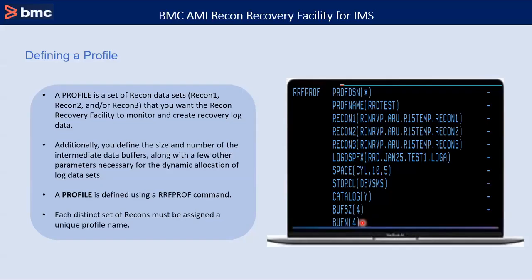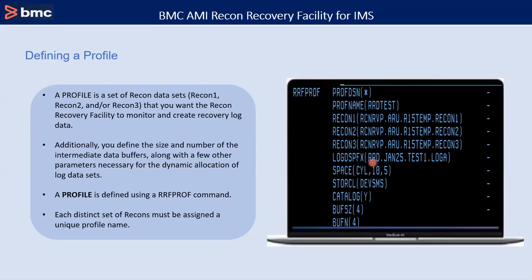So when you create a profile, you give it a unique name, and you can have multiple profiles, but all of them have to have unique names, and you cannot share one recon between two different profiles. And the same thing is also true for log dataset prefix. The log dataset prefix name also has to be unique.